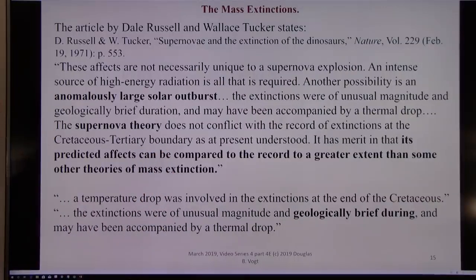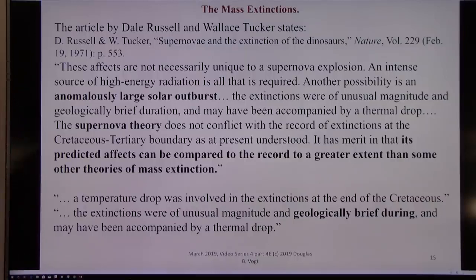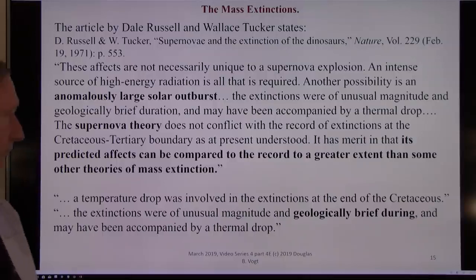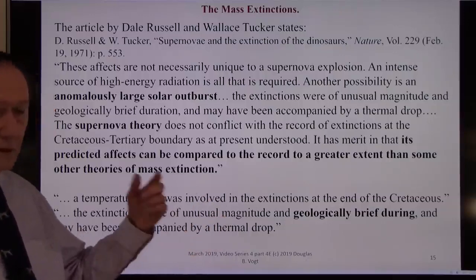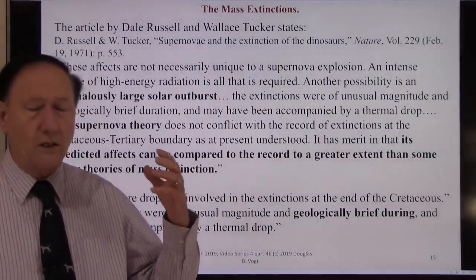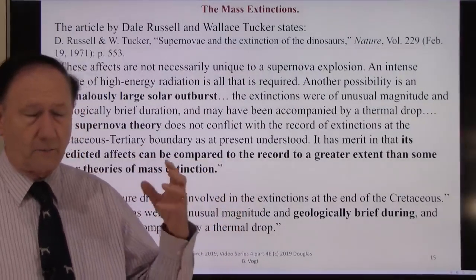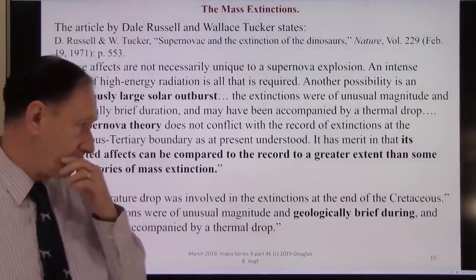A temperature drop was involved in the extinctions at the end of the Cretaceous. The extinctions were of unusual magnitude and geologically brief duration, and may have been accompanied by a thermal drop. Yeah, the evaporation gives you the rain. It turns to snow and ice because the sun is only producing mostly ultraviolet radiation until it creates this outer dust shell again.